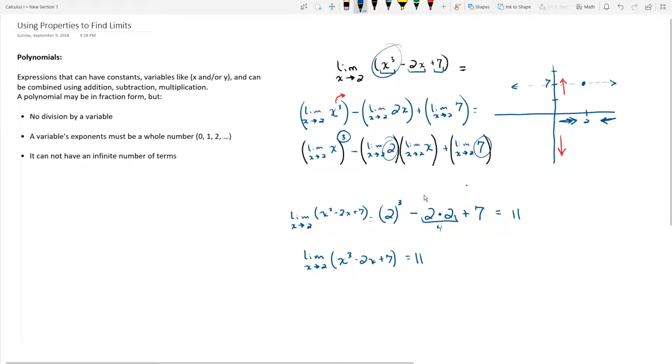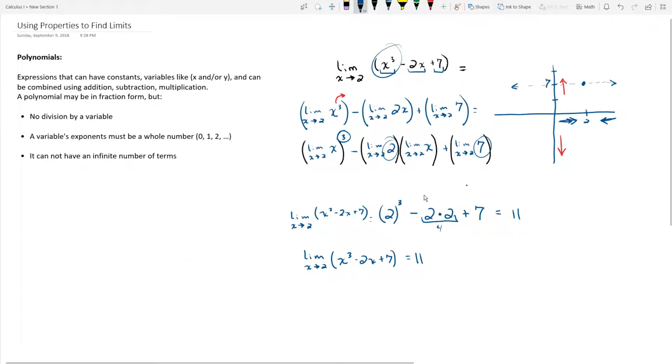A polynomial can also be 3x squared over, let's say, 2, as long as the denominator is just a whole number or just a number and not a variable. If there was a variable here, that is no longer a polynomial. So just a quick refresher on polynomials.